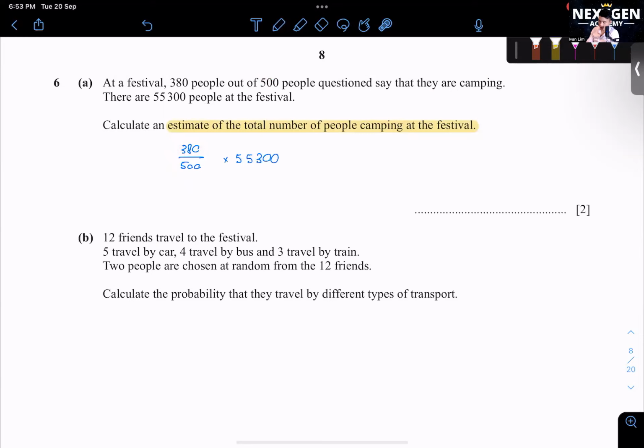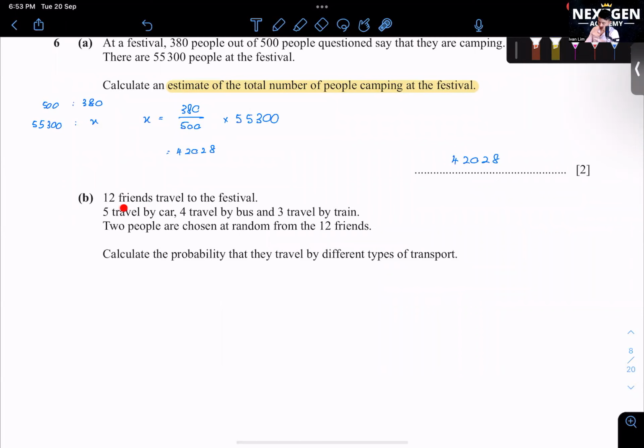You can also do it like this: 500 people represents the entire population, then we want to find x. You rearrange it, you'll get this working here, and then you'll get the answer 42028. Okay, 42028.